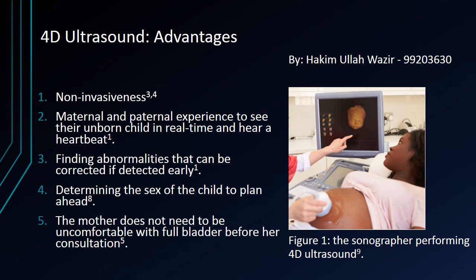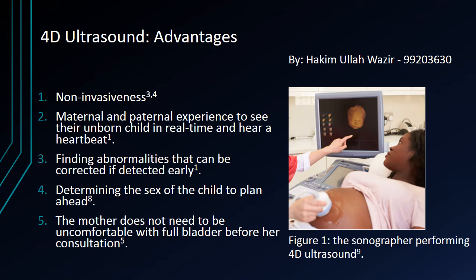Number 3. Finding abnormalities that can be corrected if detected early. For example, both 3D and 4D ultrasound can help with diagnosis and assessment of pelvic conditions that cannot be seen on the conventional 2D ultrasound.